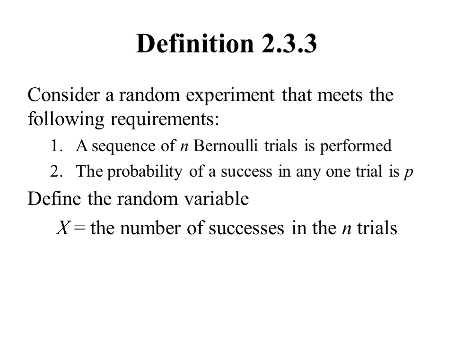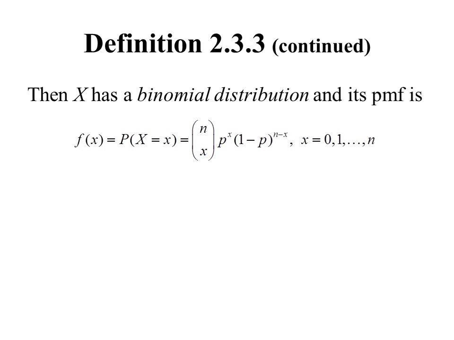Now define the random variable X to be the number of successes in the n trials. So in this definition, we're interested in the number of successes. Then X is said to have a binomial distribution, and its probability mass function is given by this.